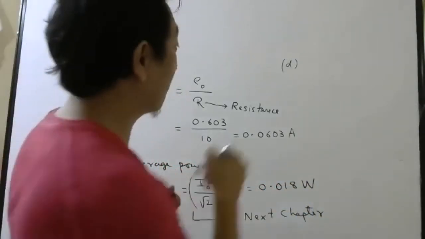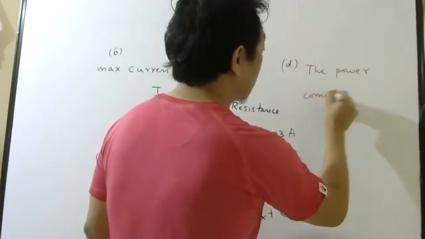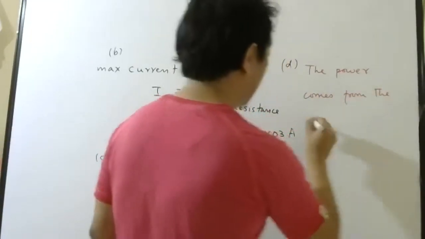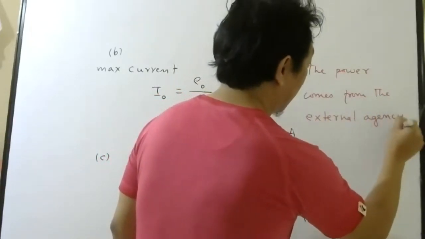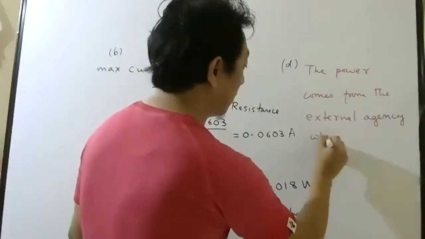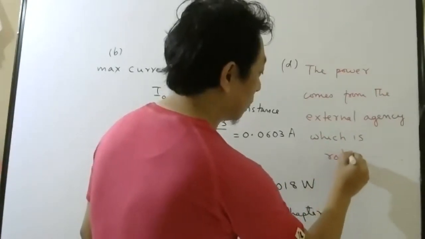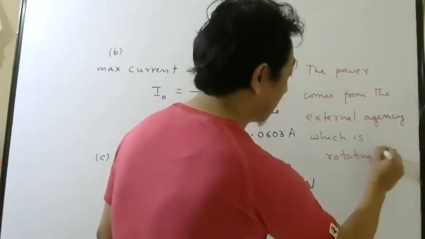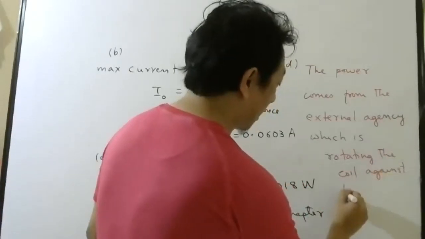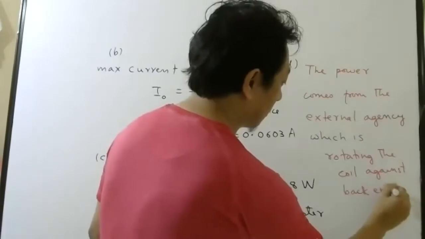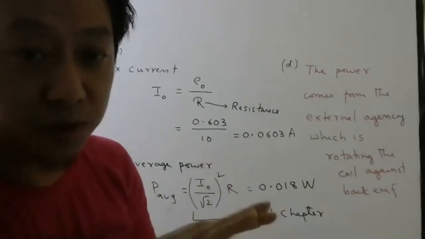So the answer is, the power comes from the external agency which is rotating the coil against the back EMF, because the back EMF will try to create a torque which will try to oppose the rotation.